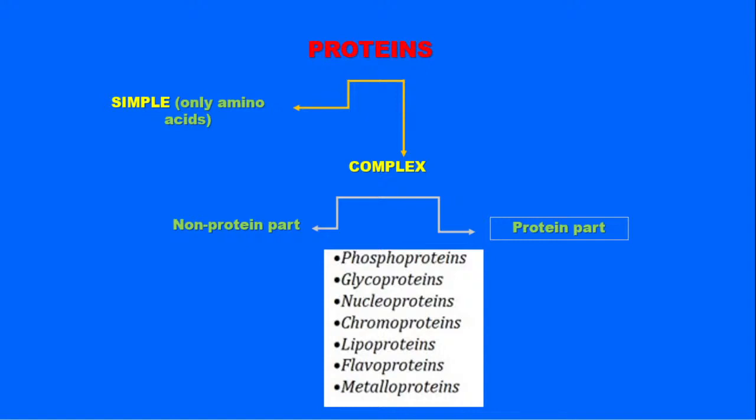Most of our proteins, of course, are complex because they work together with their non-protein parts. For example, complex enzymes do not work without their non-protein parts, without their coenzymes. But there are simple enzymes like pepsin, lipase, amylase. They do not require anything non-protein for their action.